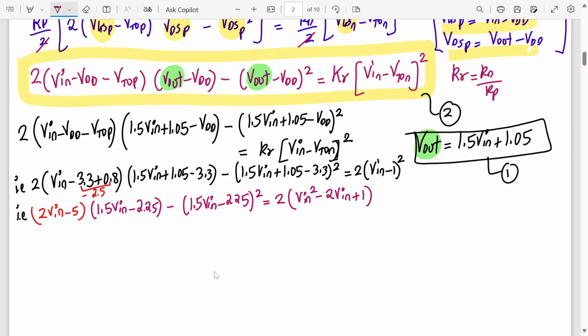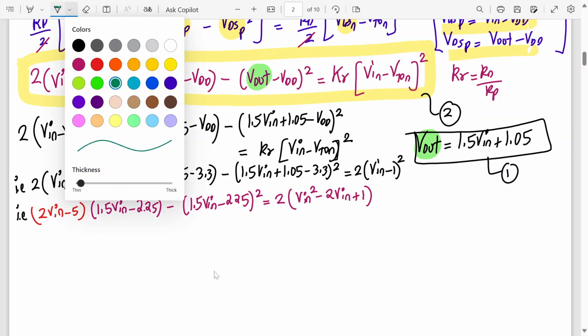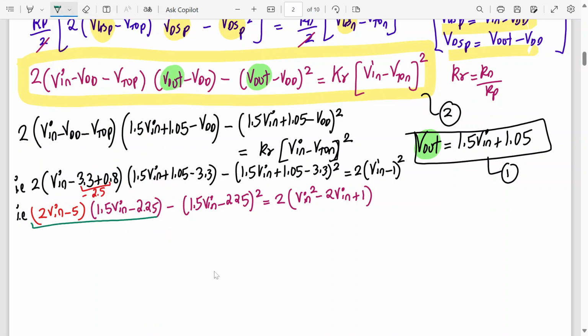Hello? Now we open these two brackets. These two we will solve together. So how much is this? Can you tell me? 2 into 1.5, that is 3 V in square minus 5 into 1.5.